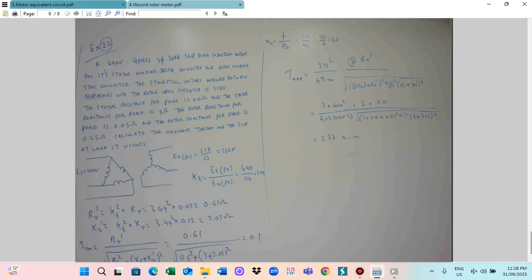So this is the formula you get. We also utilize this for the maximum torque, and we connect the stator resistance per phase. So this is what we substitute. That way we use T maximum, T maximum is 3Vs squared divided by 4πn0.